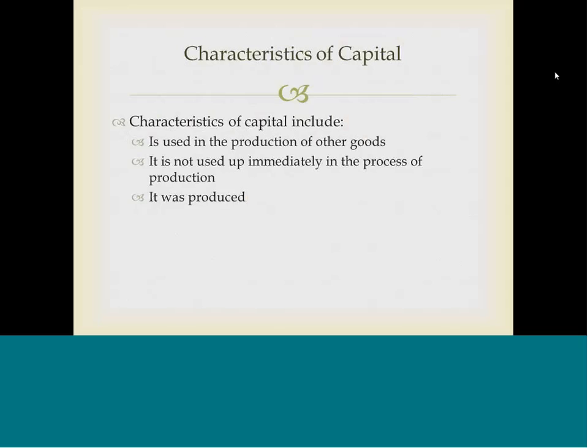The machinery that you use to make the bread would be considered capital. And this may seem like an odd characteristic, but it is something that has already been produced. So machinery has been built already. So it's already a formal product, or a good. And as we said, it's a durable good in that it lasts many years.